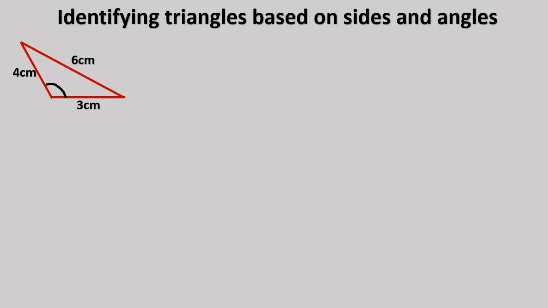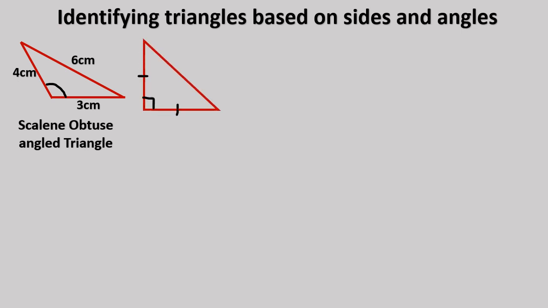Here, this is an obtuse triangle and the three sides are different. So it's a scalene and it's obtuse also. So it's a scalene obtuse angled triangle. And this is a right angle triangle and two sides equal.